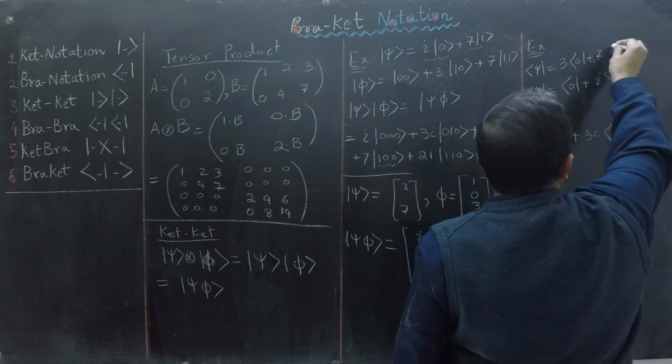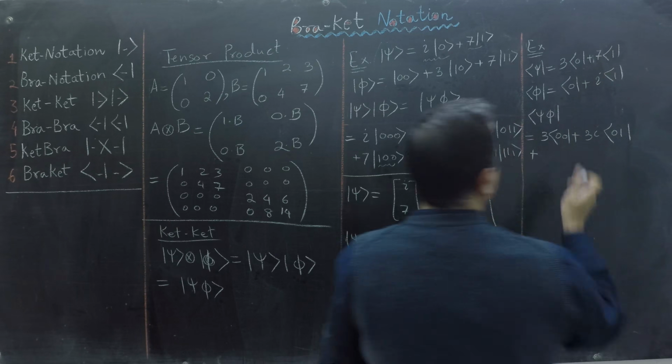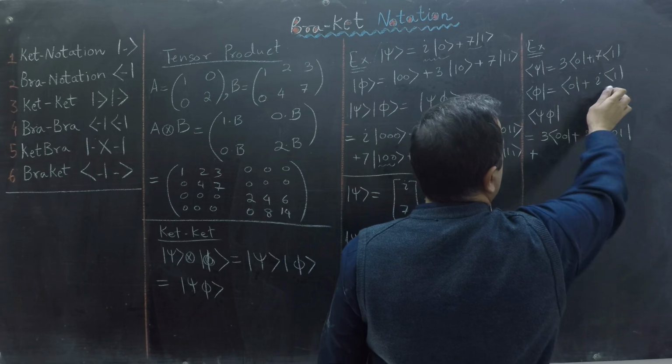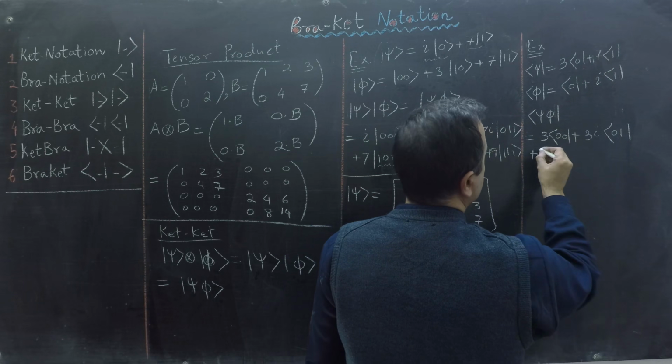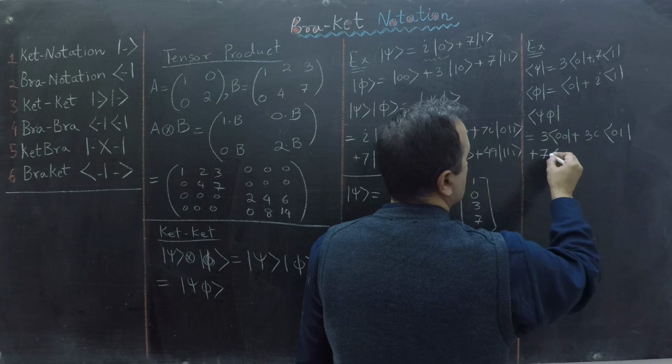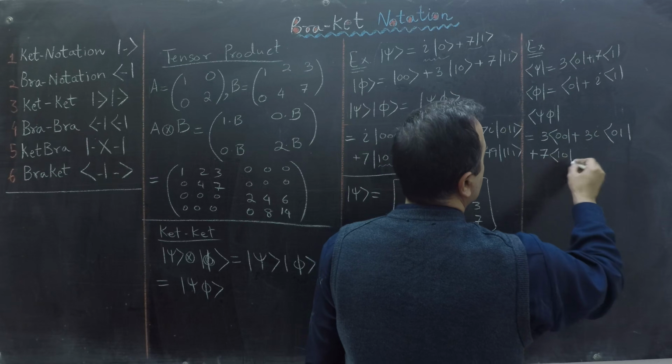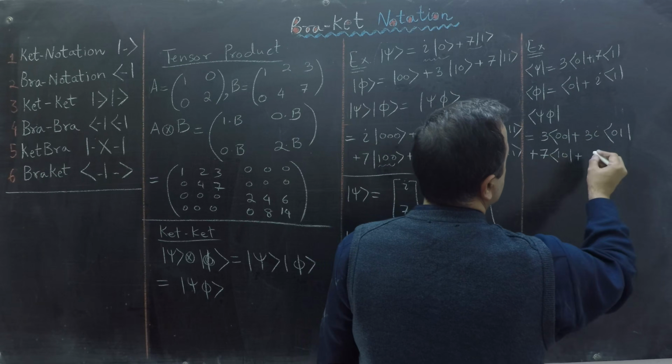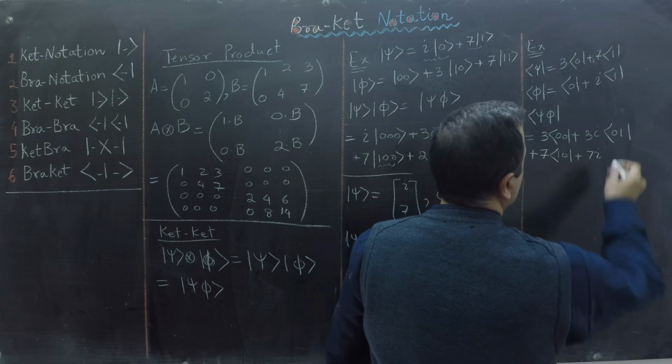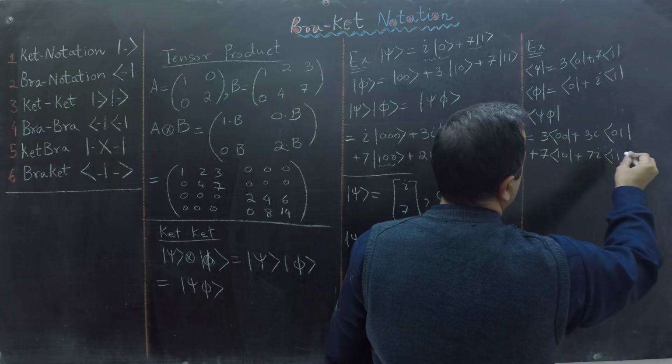I will take 7 Bra 1 and then multiply with both of those components. I will get 7 Bra 10 plus 7 iota Bra 11.